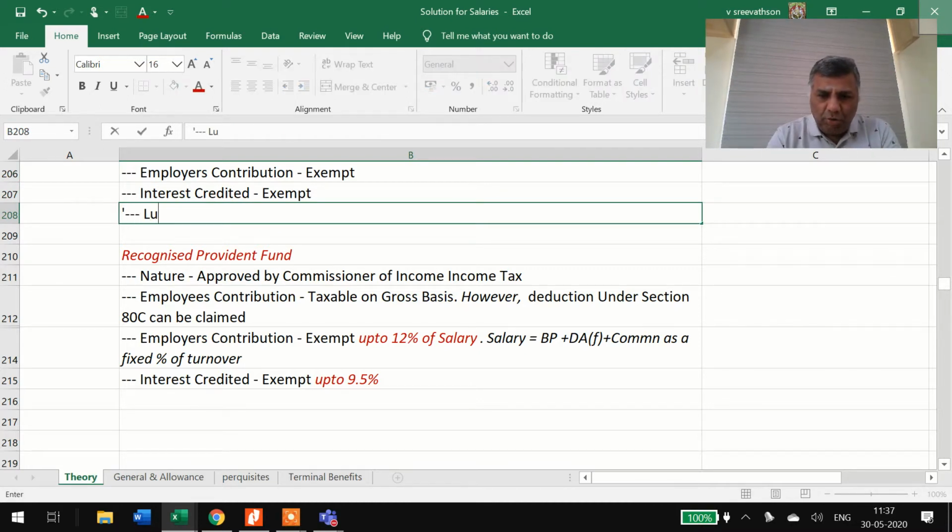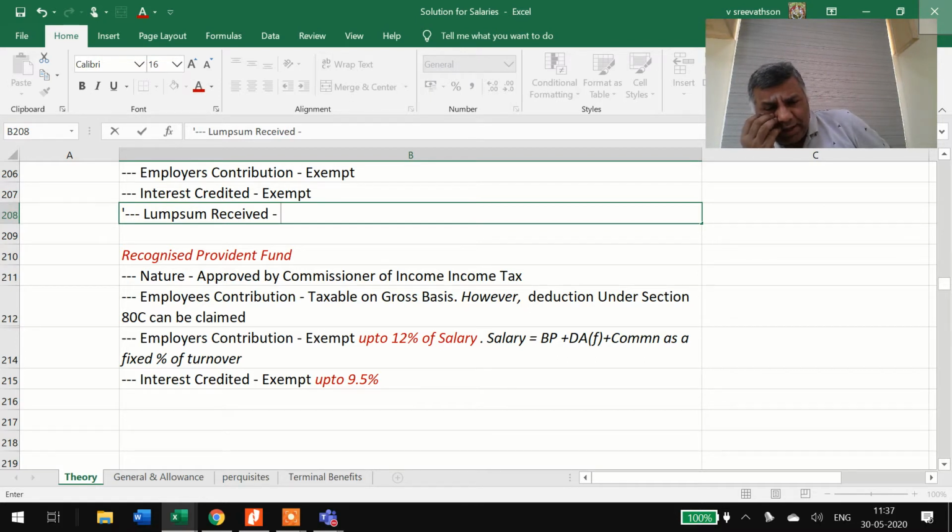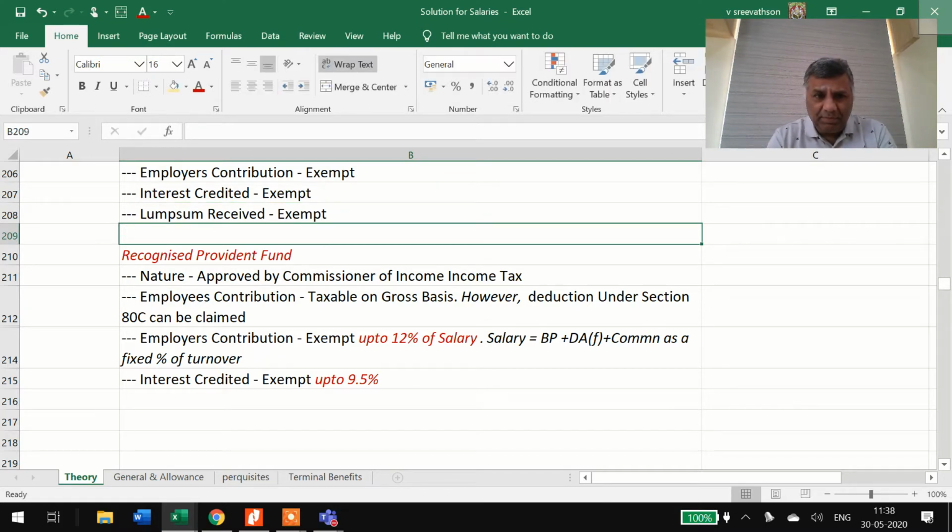Fourth component, lump sum received. In the case of SPF, exempt.